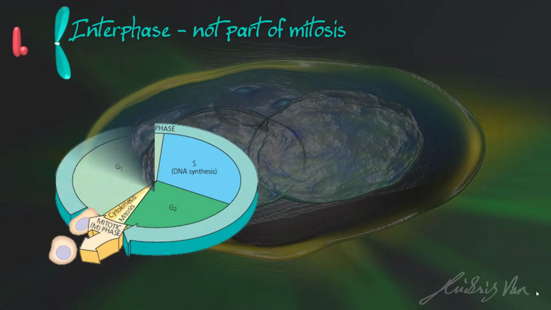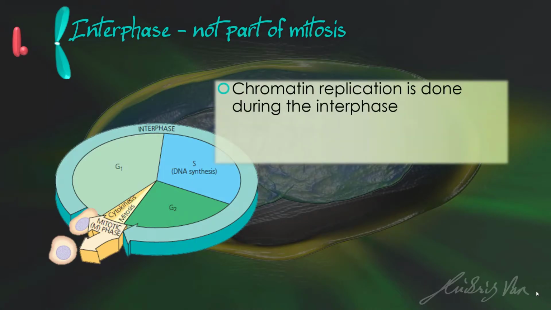Before we go into the stages of mitosis, there is something that you have to take note, which is called the interphase. This is not part of your syllabus, but it is important to take note that the chromatin replication is done during the interphase. What is interphase? Interphase is basically the phase or the stage where the cell spends most of its time.